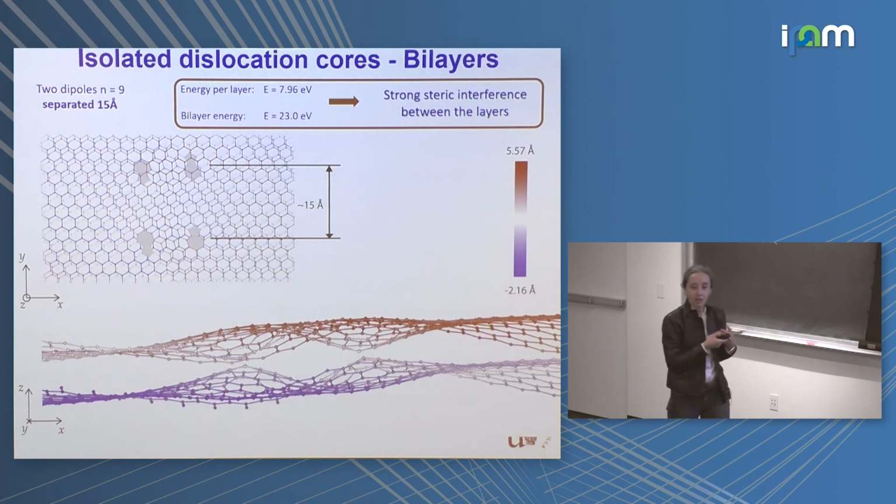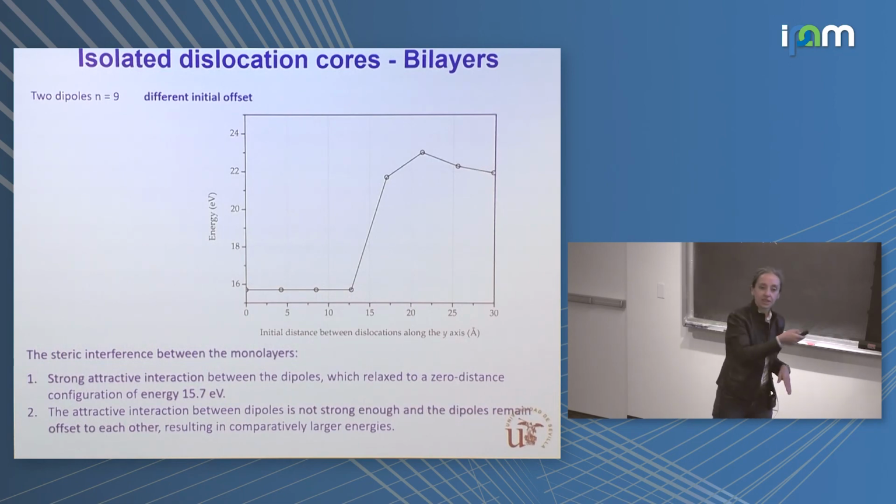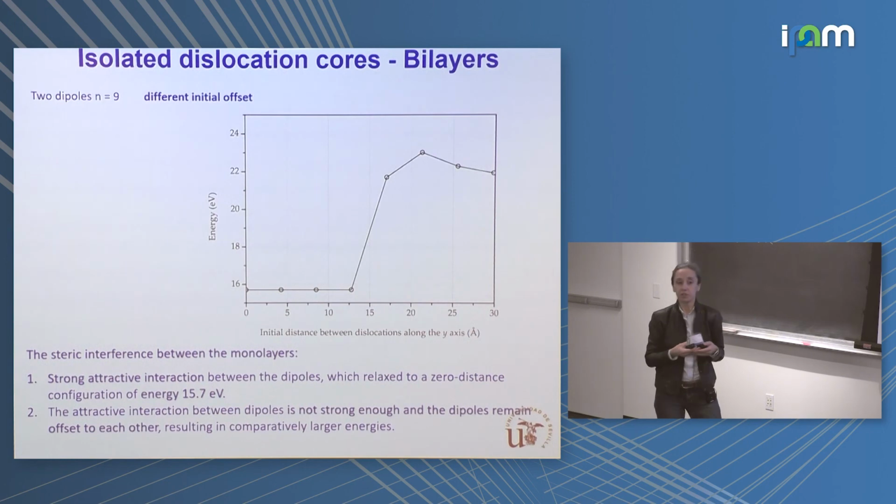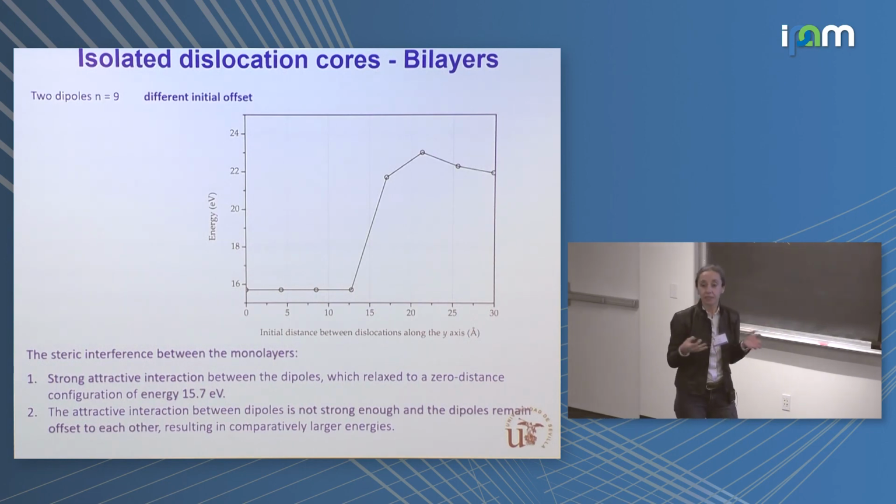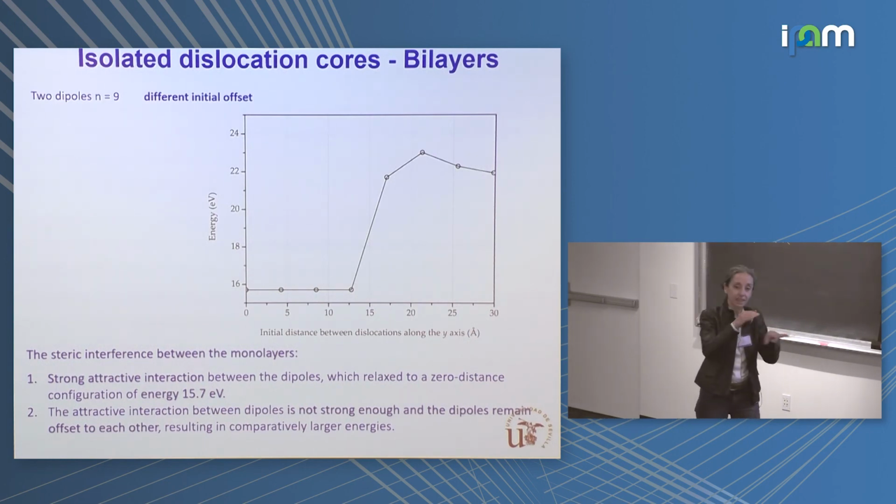So there is a strong steric interaction between the layers, just because the defects are not one against the other. So you should study how the configuration that you define is going to give you different behaviors in the interactions.